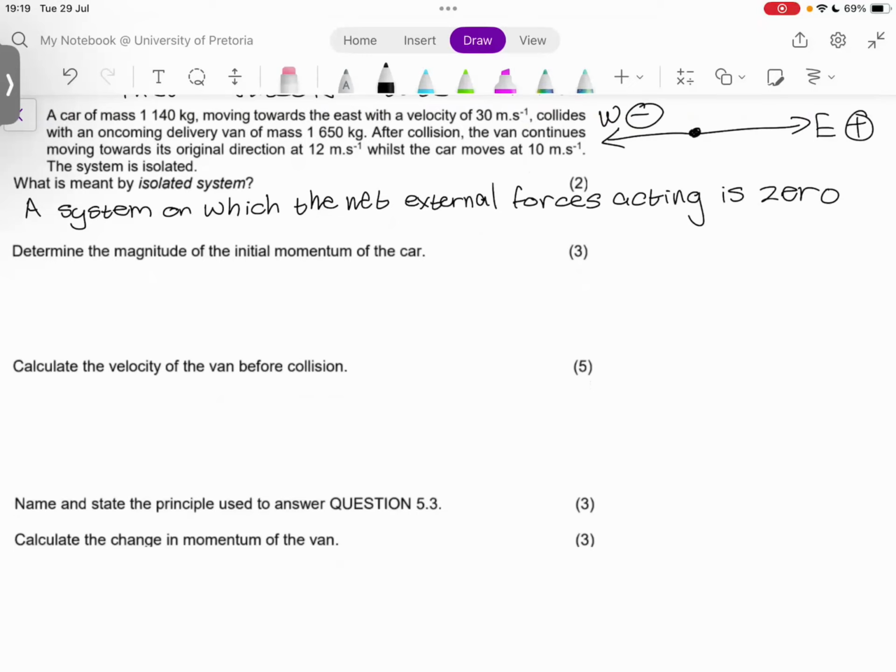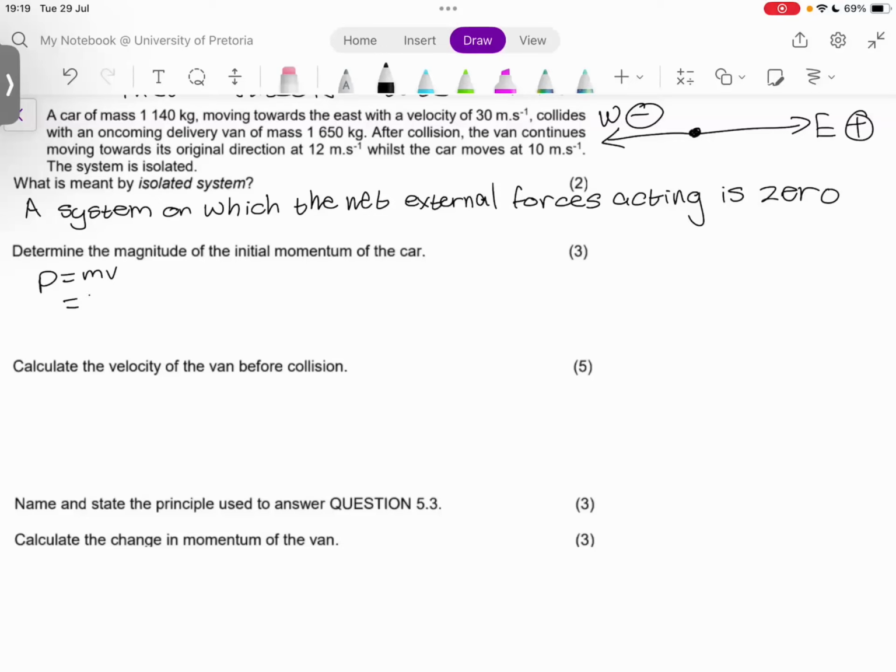Let's determine the magnitude of the initial momentum of the car. The formula we use for this one is p = mv, where we just have to substitute in our corresponding values for mass and velocity for the car.